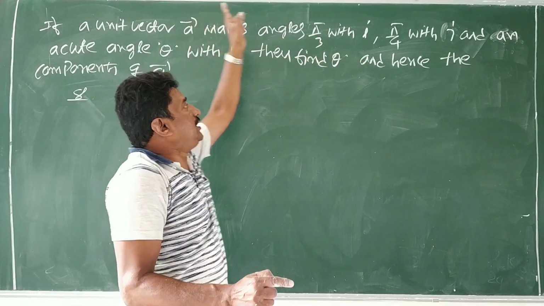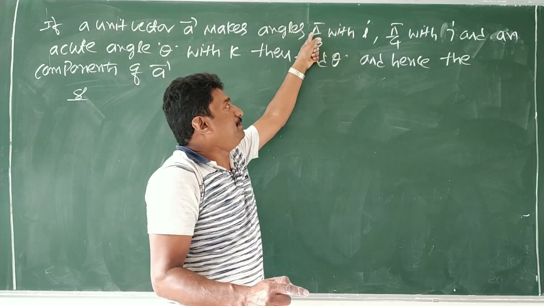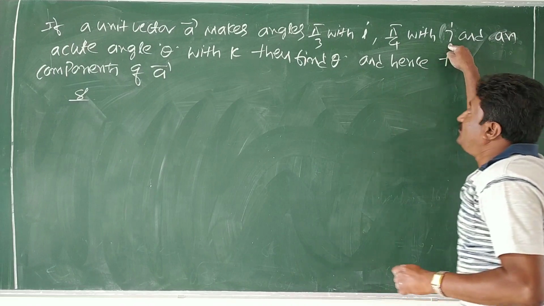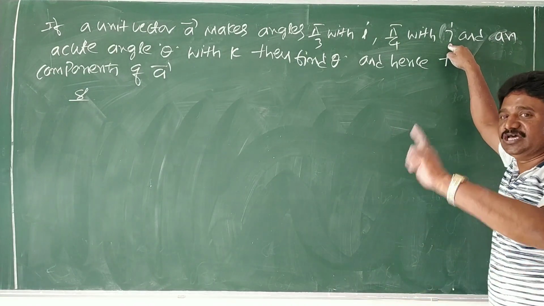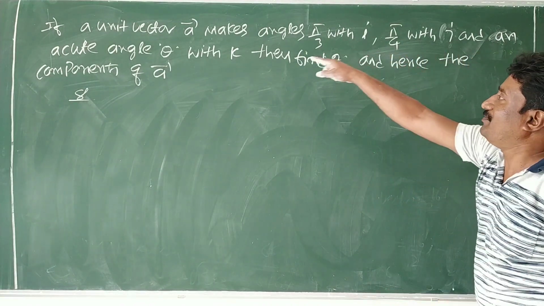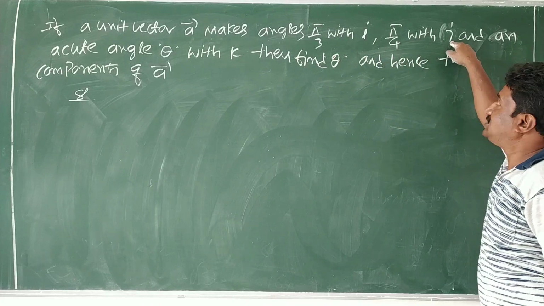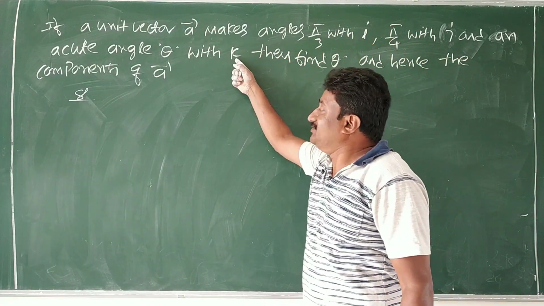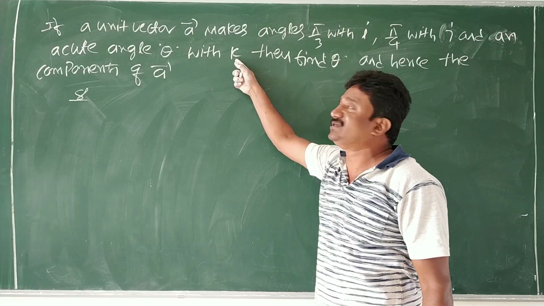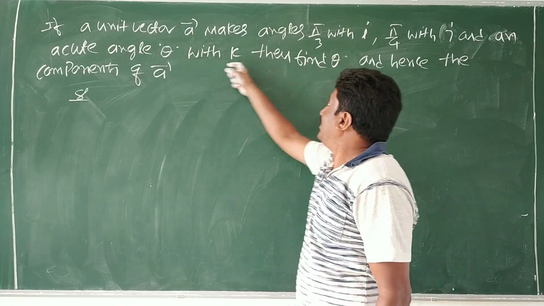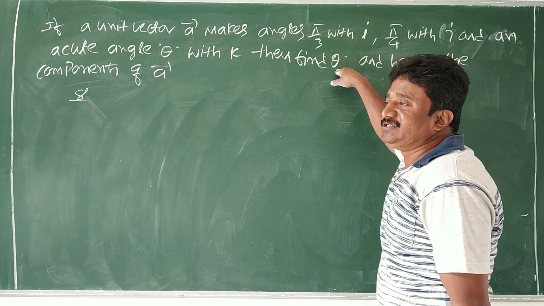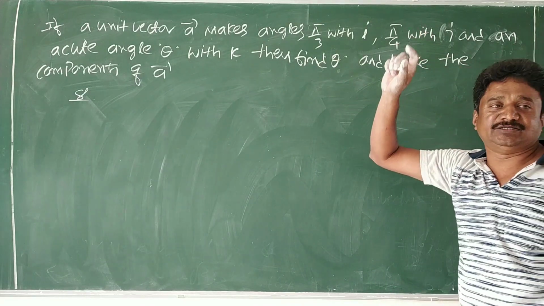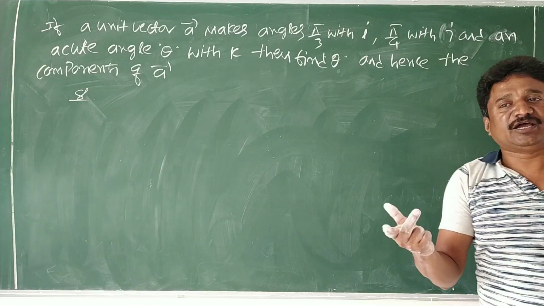The angle between vector A and the y-axis, with j, is pi by 4. The angle between vector A and the z-axis, with k, is theta. Find theta. First it is asked to find theta and hence find components. Components means finding scalar components.